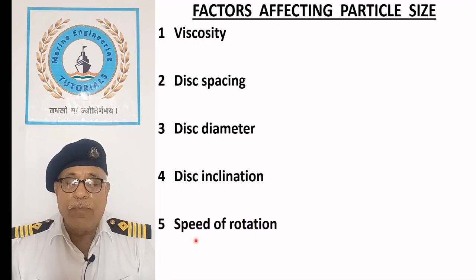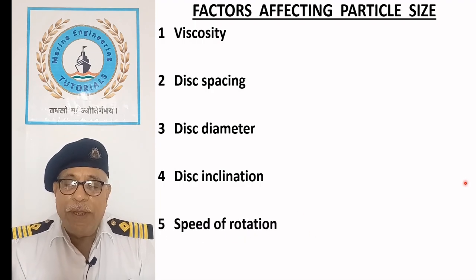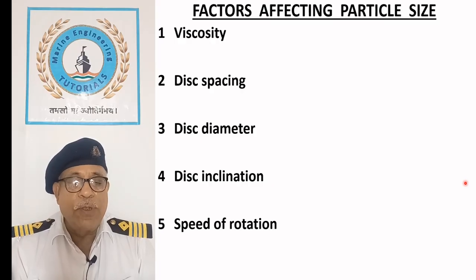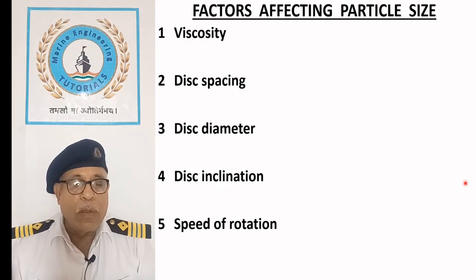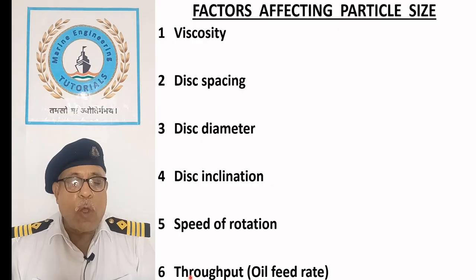Speed of rotation. High rotational speed increases centrifugal force and improves separation. Typical operating speeds range from 5000 to 8000 rpm. Throughput or oil feed rate.